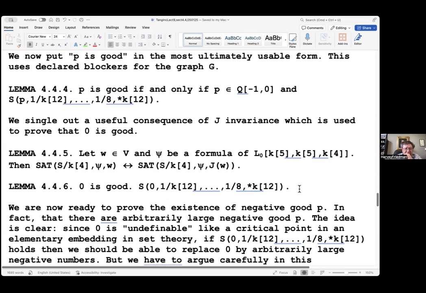I'm trying to remember how this is set up. That's something also done in section 3, I believe. That S holds of these when you have nothing to the left here. Well, no, I'm sorry. Zero. I'm not saying this right.